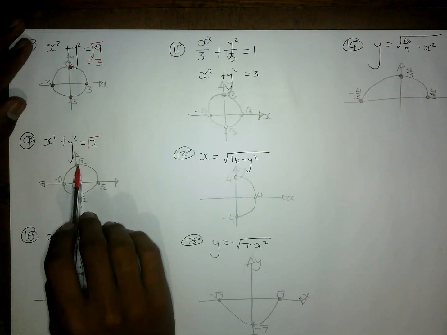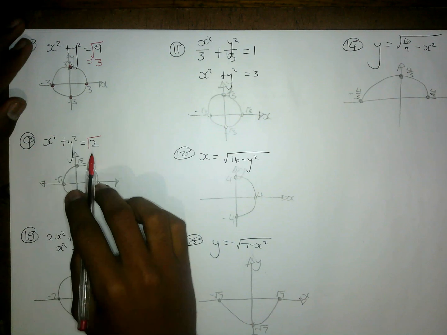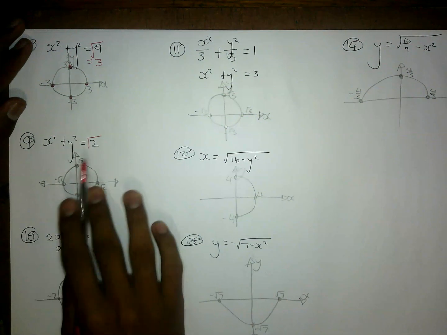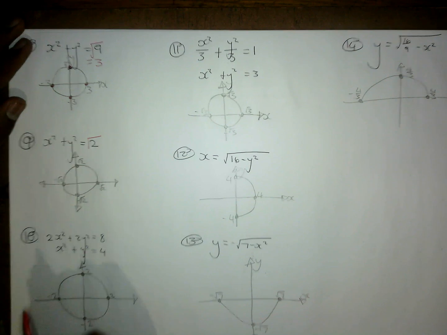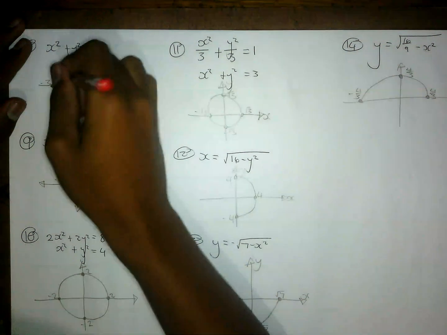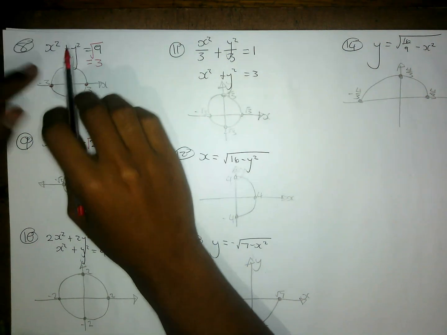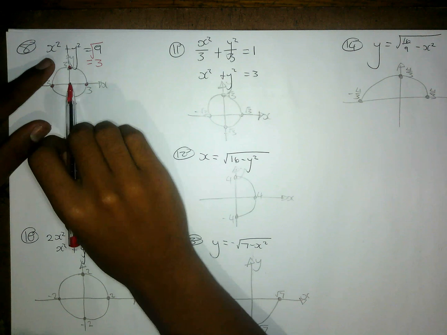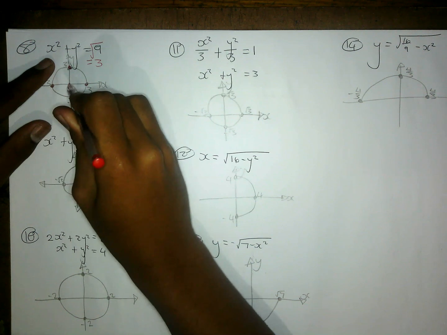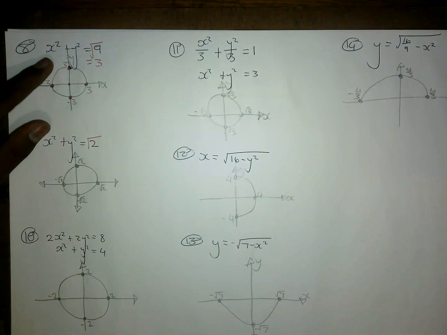We plot our square root 2, you know, it can't be simplified more than that. So the radius of our circle will be square root 2. And also, these circles are centered at the origin. So it is starting at the origin of the circle.